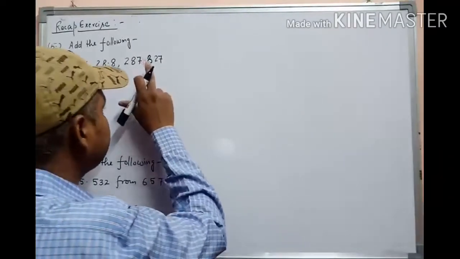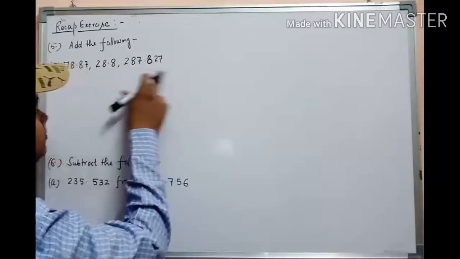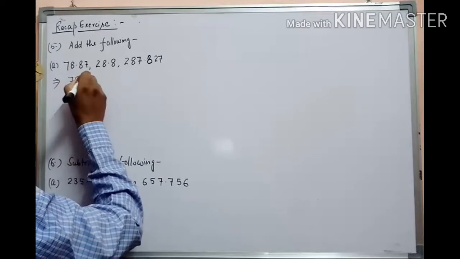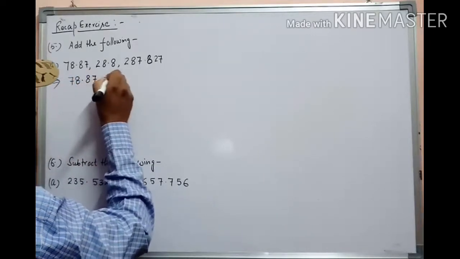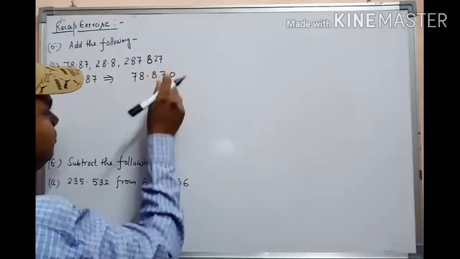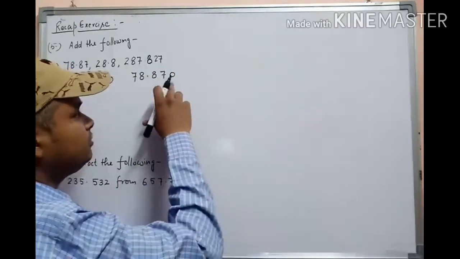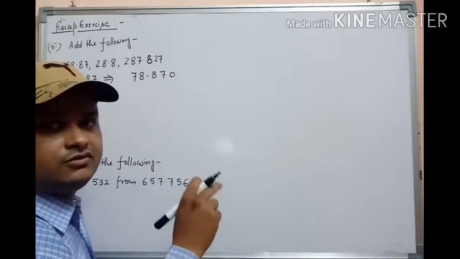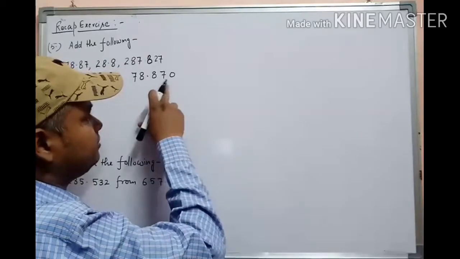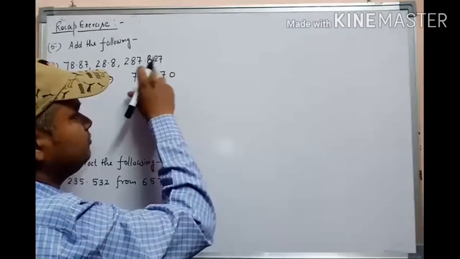So you have to convert all the decimal numbers like this. 78.87 means 78.870. I have also explained how we convert: you have to put a zero after the decimal, so that this number becomes similar to this number.